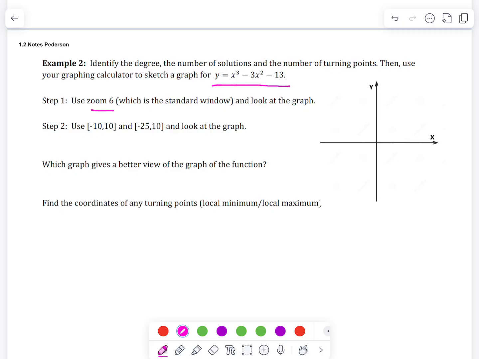Step 2, you want to change your window then to -10 to 10 and -250 to 10 and look at the difference in the graph. Which one gives you the better view?